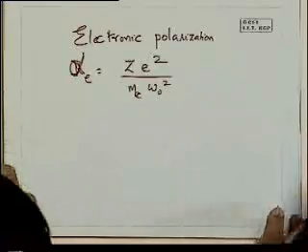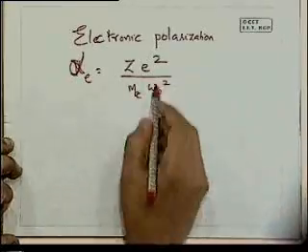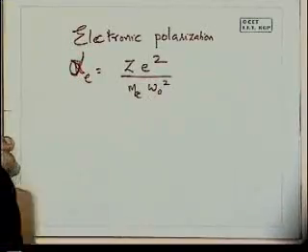Okay? Because we substituted for that beta in terms of other values, and we got this.